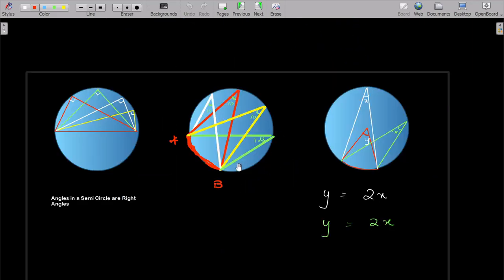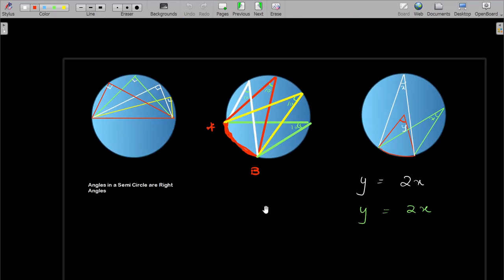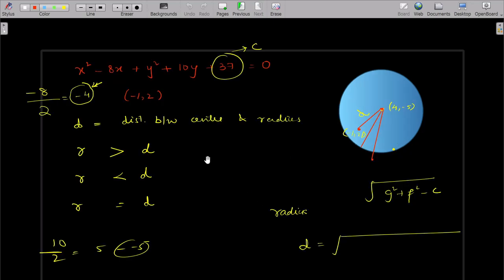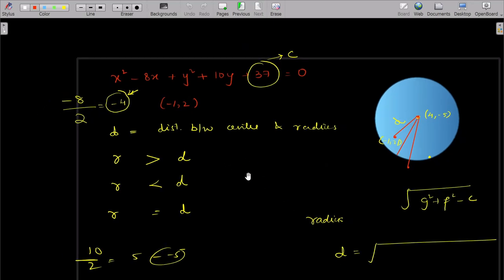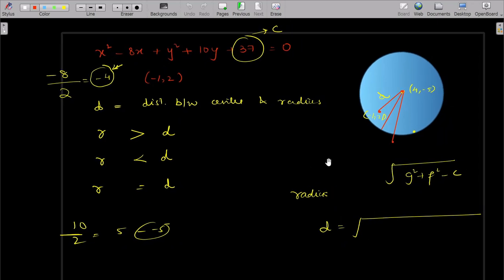Then we did three theorems on inscribed angles, and we also did the concept of finding whether a point lies inside, outside, or on the circle. You remember all of these concepts, right? Or do you want me to explain any concept again?